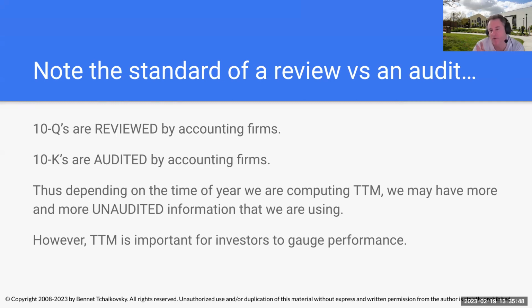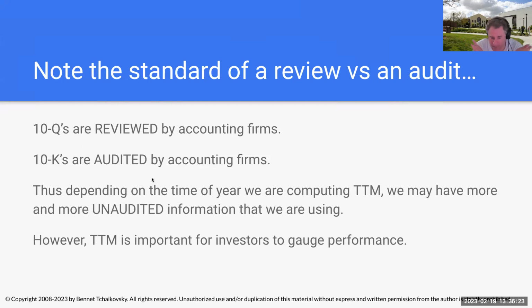If we were doing this for Apple as of June 30th, using trailing 12 months, about 9 of the months we'd be looking at would be reviewed, just because of how long it's been since the end of their year. But again, Apple, Microsoft, and some of these larger companies are generally not going to make huge reporting mistakes. So the numbers you see are generally going to be what they are.